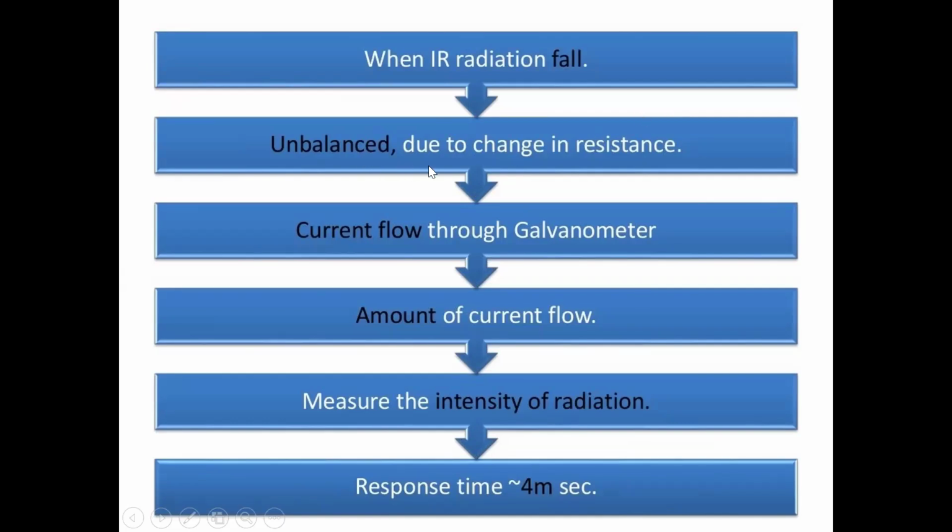It is unbalanced due to change in the resistance. 1 degree centigrade temperature increase అయితే resistance 0.4% increase అవుతుంది. It causes current flow through the galvanometer. Amount of current flow is proportional to the intensity of the IR radiation.